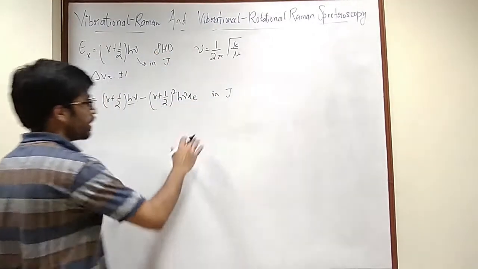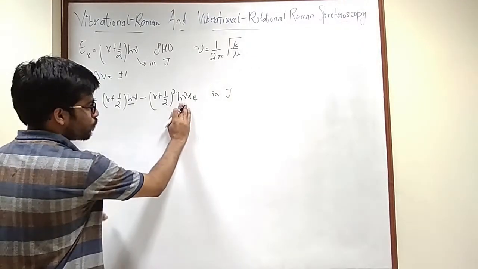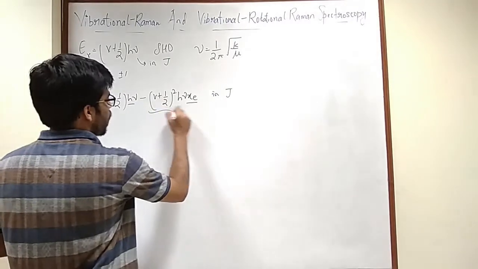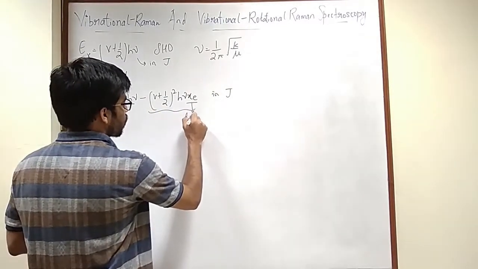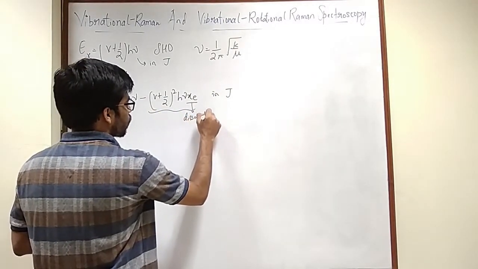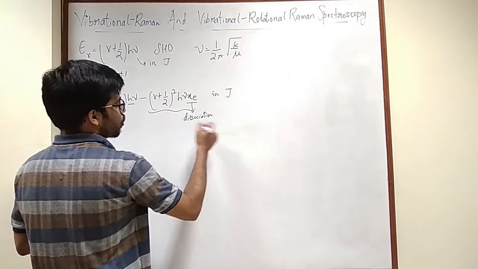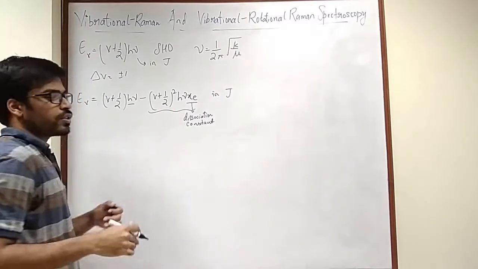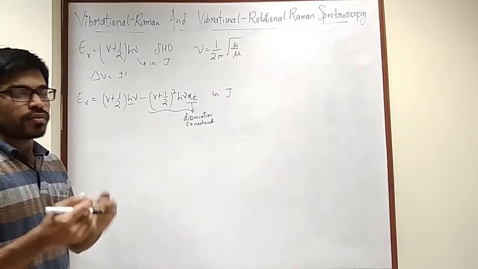If this was in centimeter inverse, this h nu will not be there, only nu bar will be there. Now this is the anharmonic part. This is your anharmonicity constant or dissociation constant, because this is the part which is causing the anharmonic behavior of the molecule.